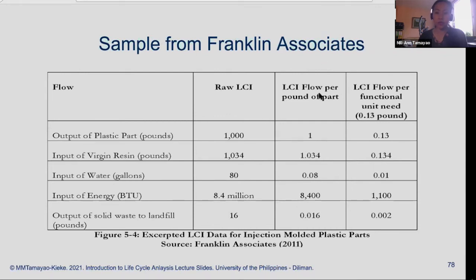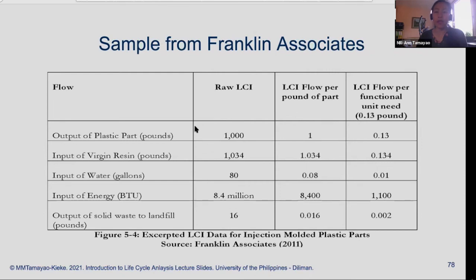Now to relate to the functional unit, you have to know the relationship of the functional unit used in the study to this output here. For example, we assume that an empty plastic milk container has a mass of 2 ounces or 0.13 pounds.